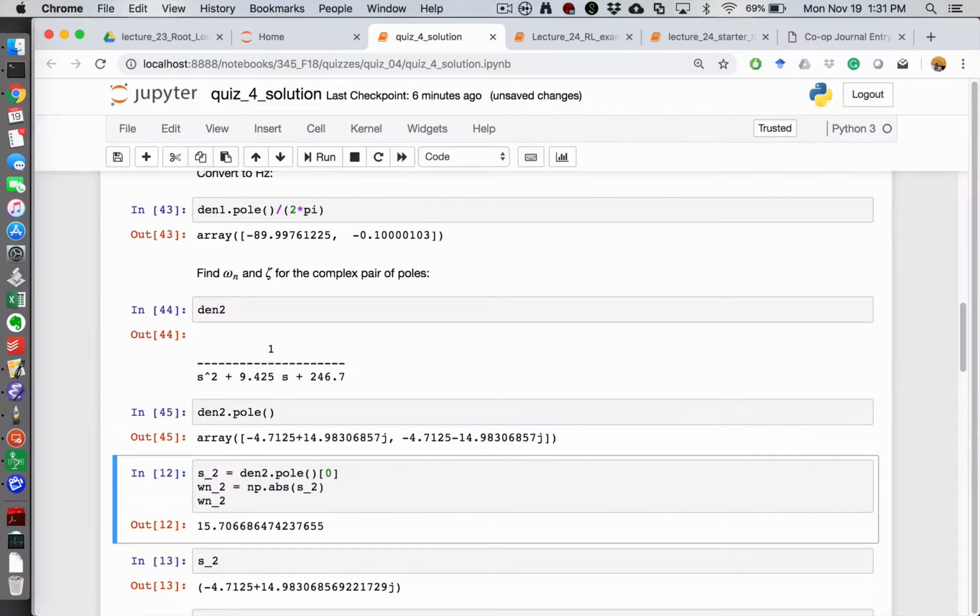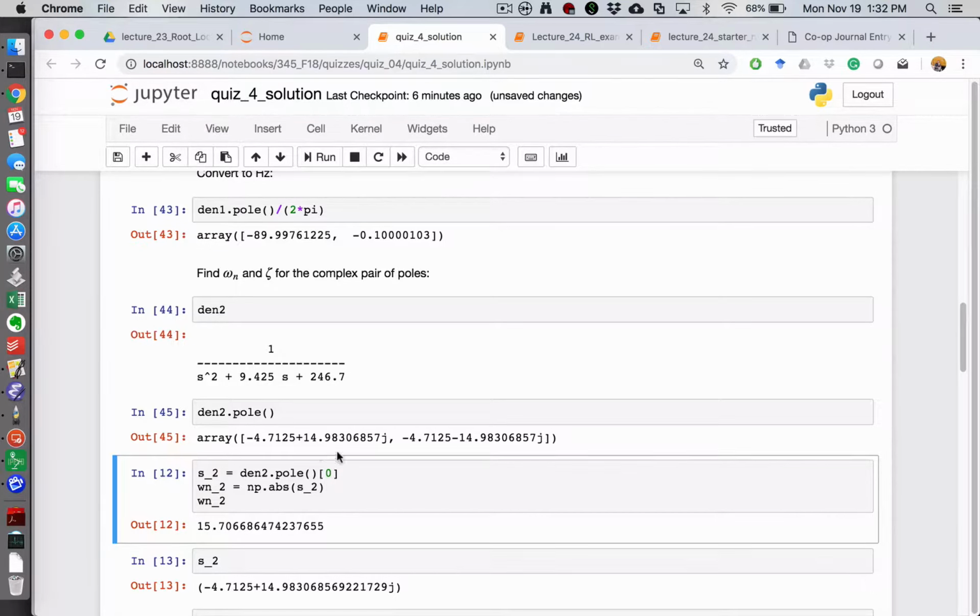And the poles turn out to be complex conjugate numbers, specifically negative 4.7125, whatever, plus or minus 14.98j. So that is negative zeta omega n plus or minus j omega d. And so I want to find omega n and zeta.